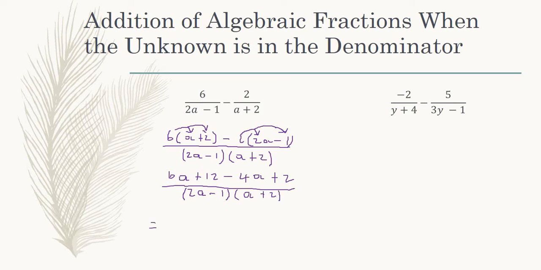So at this stage, we're going to group the like terms. So we know we have a 6a here, and here we have a minus 4a. So we can group those and simplify. So 6a minus 4a, that's going to leave us with a positive 2a. And then we have a positive 12 plus a 2, that's going to give us a positive 14.